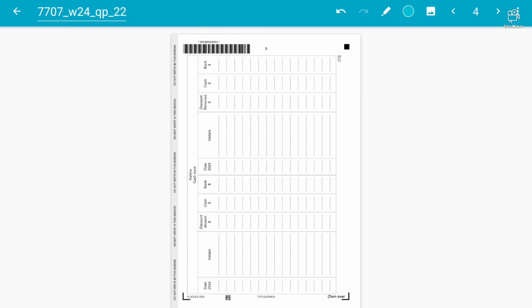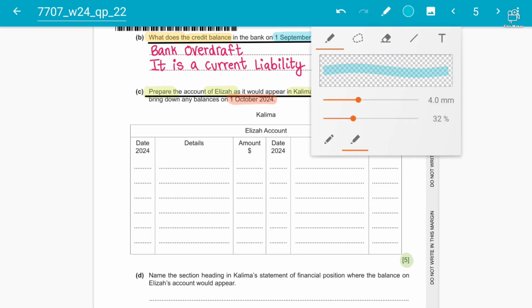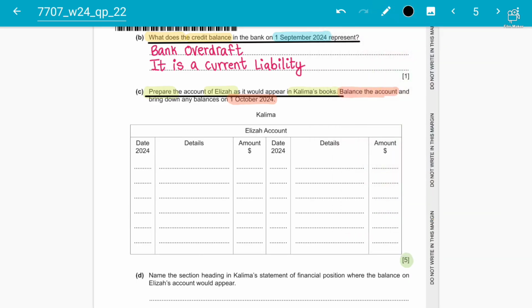So we tell the examiner that since Alize is a customer for us, it's a trade receivable, which is basically a debtor, a current asset.